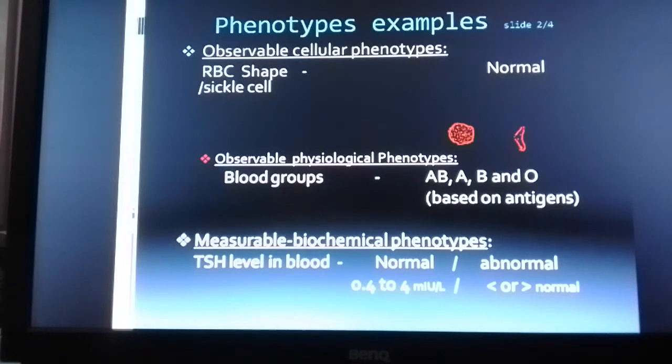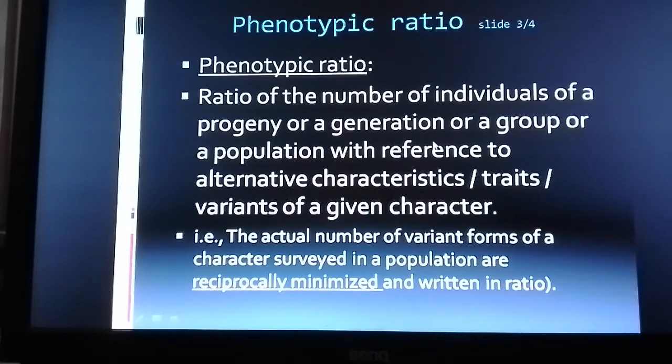Simply for an example here I have given, if the range of the thyroid stimulating hormone in the blood of an individual is to this level, they may be distinguished as of normal phenotype. And if it is less or more than this level, you can say the phenotype is abnormal. So that way. Now the phenotypic ratio may be calculated from this.